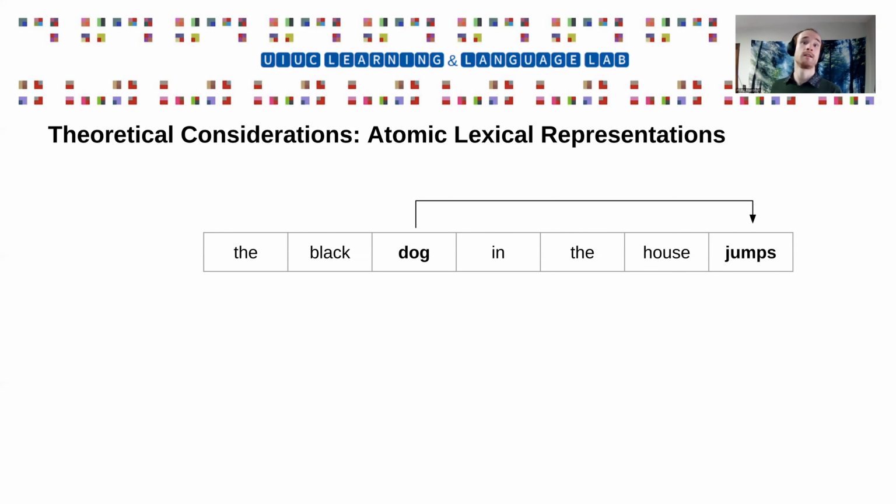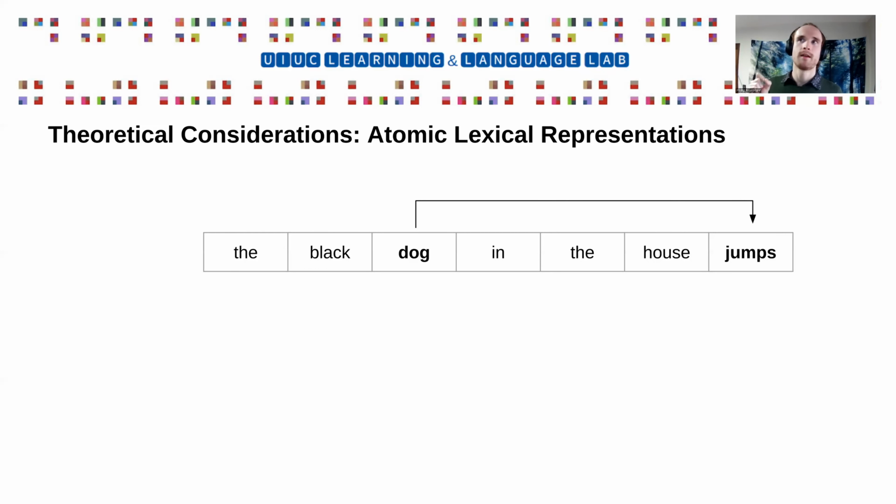In fact, I would argue that logically, there's only one such relation, and that is the relation between dog and jumps, because jumps tells you something about what a dog is or can do, and sort of places it in the category of things that are animate potentially, right? Not perfectly diagnostic, but it's sort of the best relation in the sentence, right?